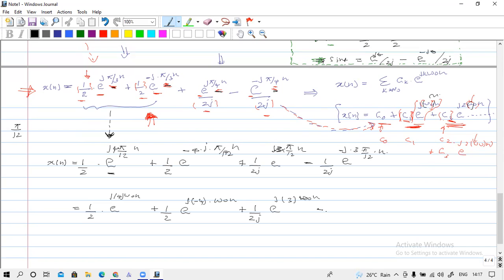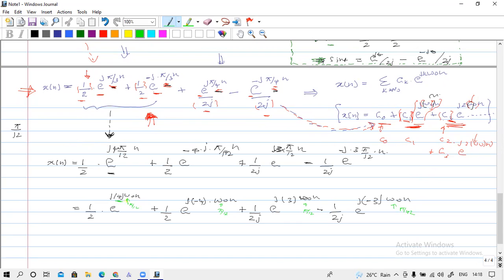Minus 1 by 2j e to the power minus j3 omega naught n. This omega naught is actually 5 by 12, and this one also 5 by 12, and this one also 5 by 12, and this one also 5 by 12.